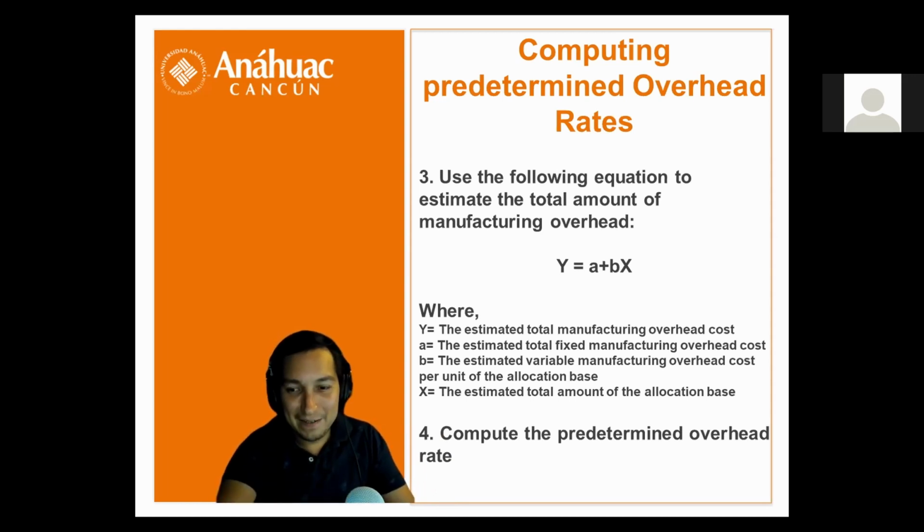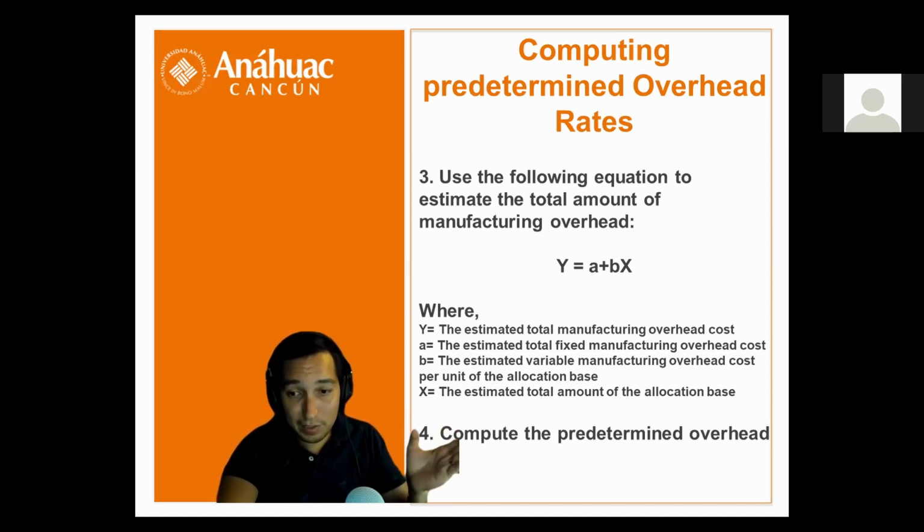Okay. So when we compute a predetermined overhead rate, first, let me say, I think this slide massively overcomplicates. It doesn't need to be this complicated, and we will talk about why. But we saw that equation in the previous class. It's a linear mixed cost equation where we separate fixed and variable components, and MO definitely is going to include both.